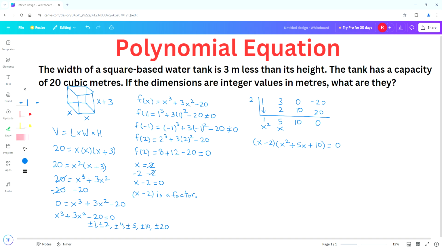Next, we should try to factor the quadratic expression in the second parentheses. This quadratic expression is a simple trinomial and it is not factorable. We can solve for x by setting these two factors equal to 0 and solving for x. The first x value is 2. Now we can solve the second factor.